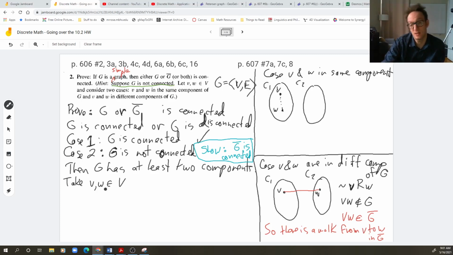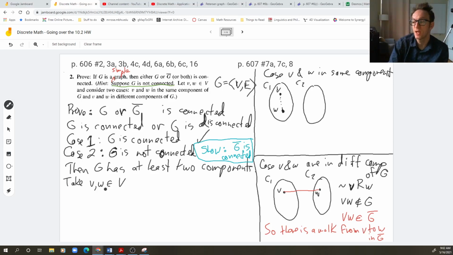No, I don't. There might be an edge between V and W. That's certainly something that could be true if two vertices are in the same component. But it's also possible that there's no edge between V and W, but instead a longer walk from V to W via some other vertices. So the precise relation between V and W, if they're in the same component, is unclear to me.